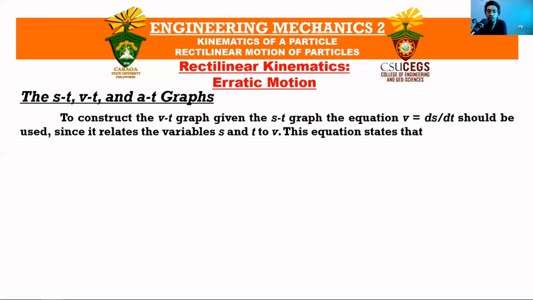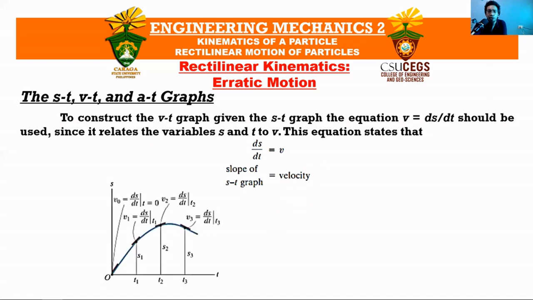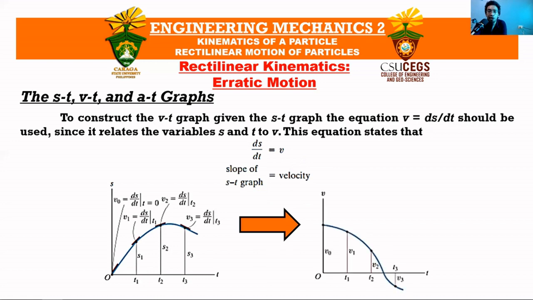This equation states that ds over dt is equal to v, which is defined as the slope of the s-t graph, which is equal to the velocity. So if this is your s-t graph, you can construct your corresponding v-t graph, and the slopes of your s-t graph are the points for your v-t graph.